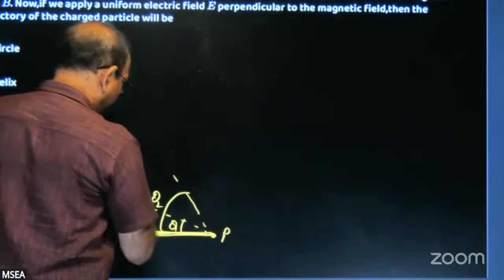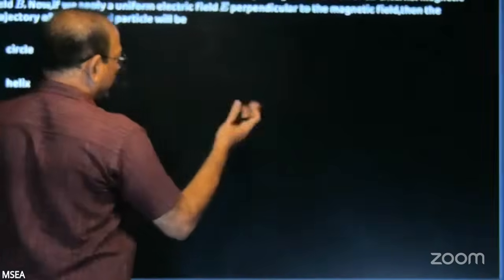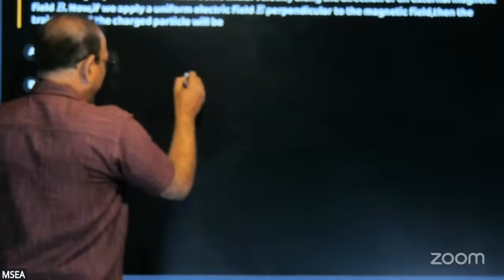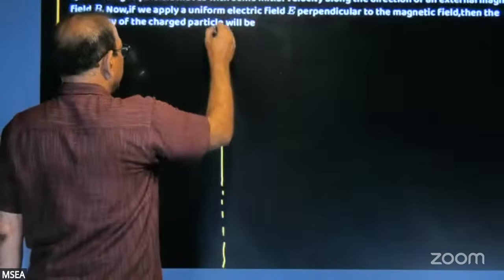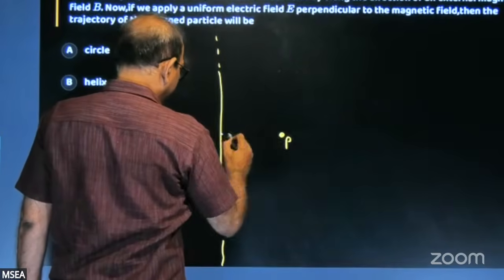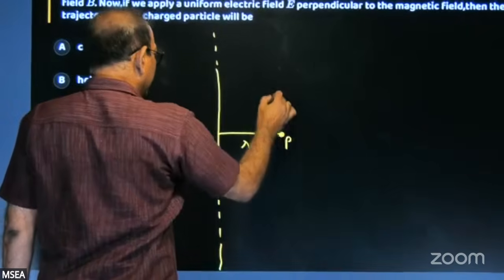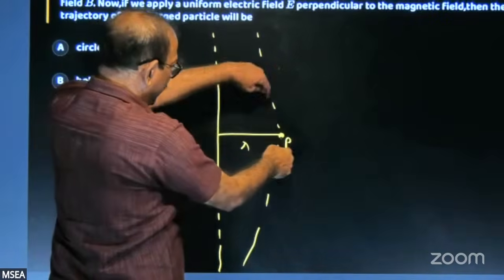Now for a wire of infinite length, I'm just revising these important points. For a wire of infinite length, this edge is at infinite distance, this edge is also at infinite distance. There is a point P here. Then if you join the edges, the angles are almost 90 degrees.